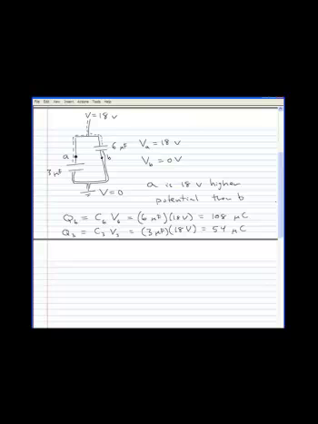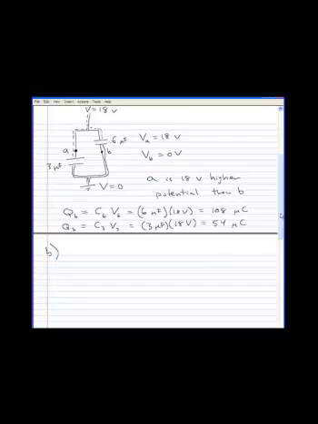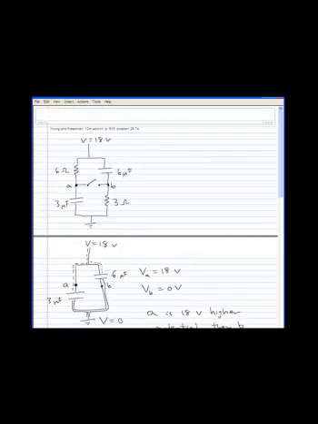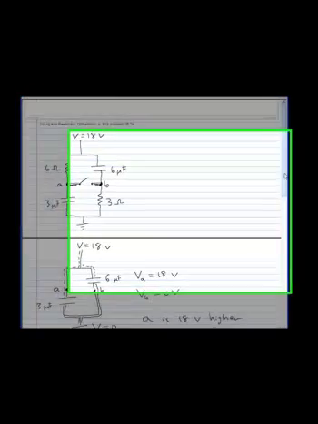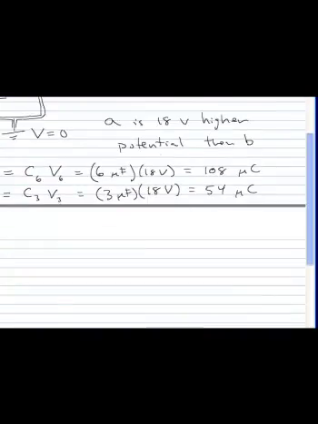So for part B, we'll close that switch. And what do you think the voltage is going to be between A and B in this circuit when that switch is closed? Basically, the circuit's going to look something like this.